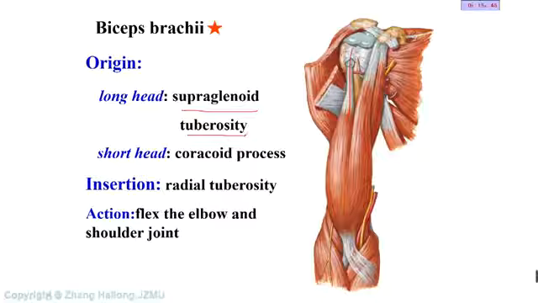On the lateral side is the glenoid fossa, or glenoid. And on the superior part is the supraglenoid tuberosity. The long head is from here. And the other one is the short head, from here. The coracoid process. So this one is the coracoid process. The short head is from here. Okay. And the long head will walk in the shoulder capsule.